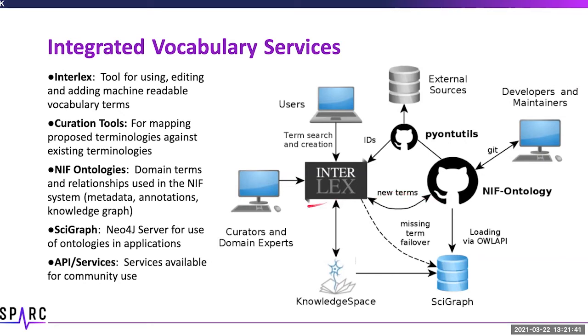And so that is how these systems interact. There are also additional sources that we publish these terms to. For example, once the terms have flowed in through the ontology, there are additional endpoints that applications and researchers can access. For example, SciGraph is one of them that we use within Spark.